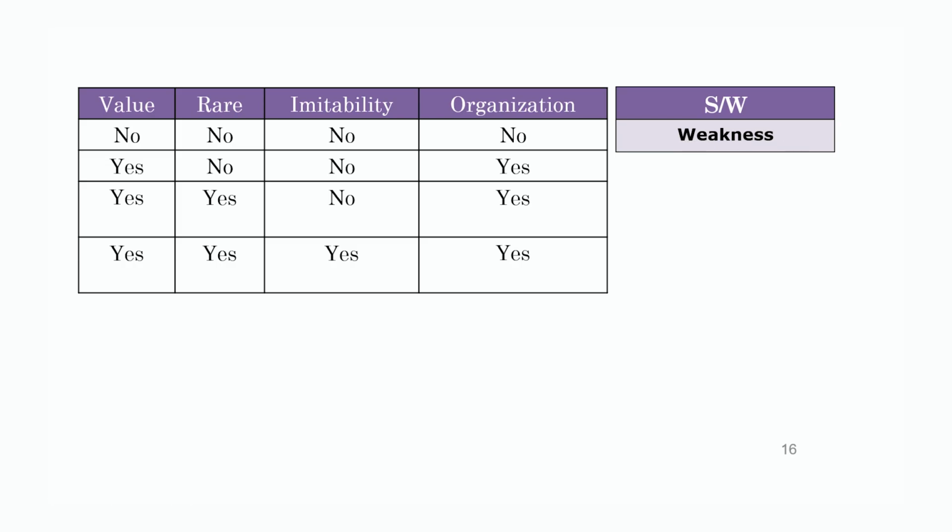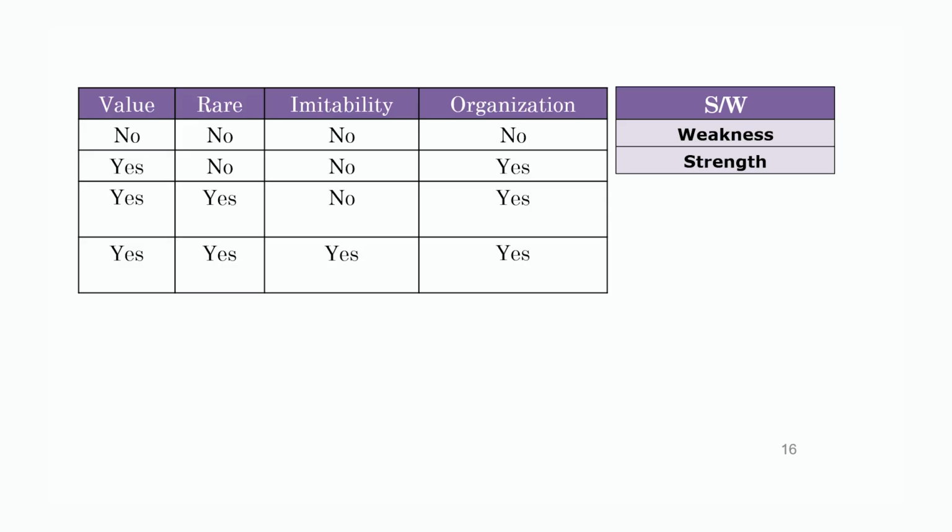If it is valuable and the firm is organized to exploit it, then it is your strength, but not a source of competitive advantage, because others also have the same kind of strength. So you cannot use it. It is a must have, but you cannot use it to have sustainable competitive advantage because others also possess the same thing.